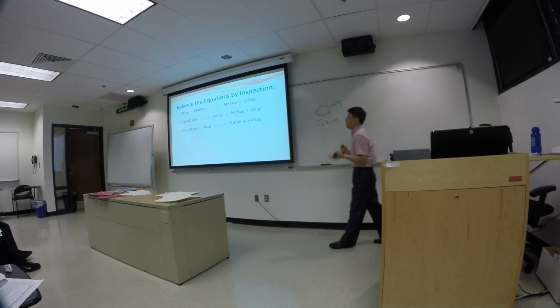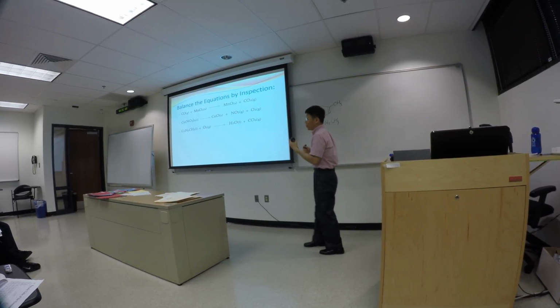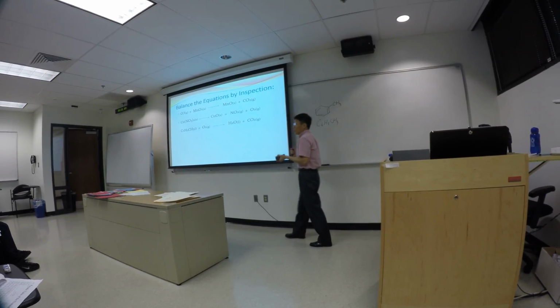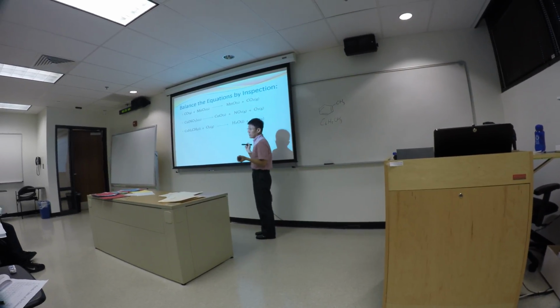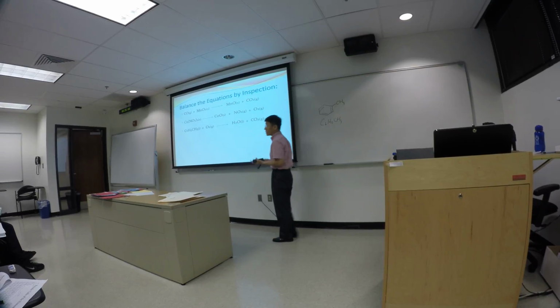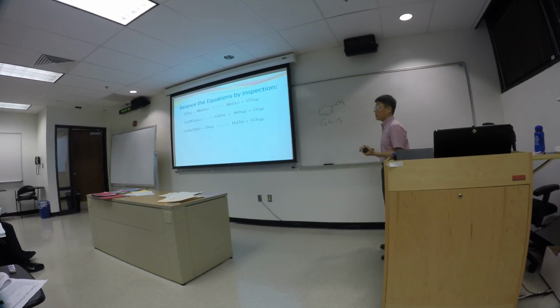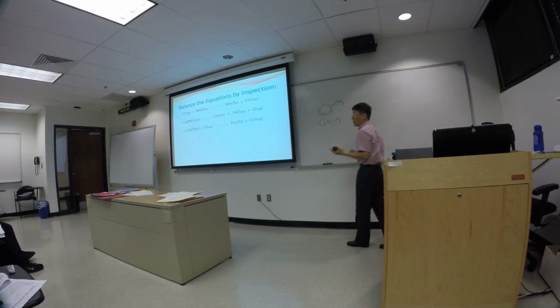Now, when you burn a hydrocarbon in the presence of oxygen gas, you always get the same products, water and carbon dioxide. Okay, so if you burn gasoline, which is a hydrocarbon, you end up with carbon dioxide and more, depending on what else is mixed in the gasoline.